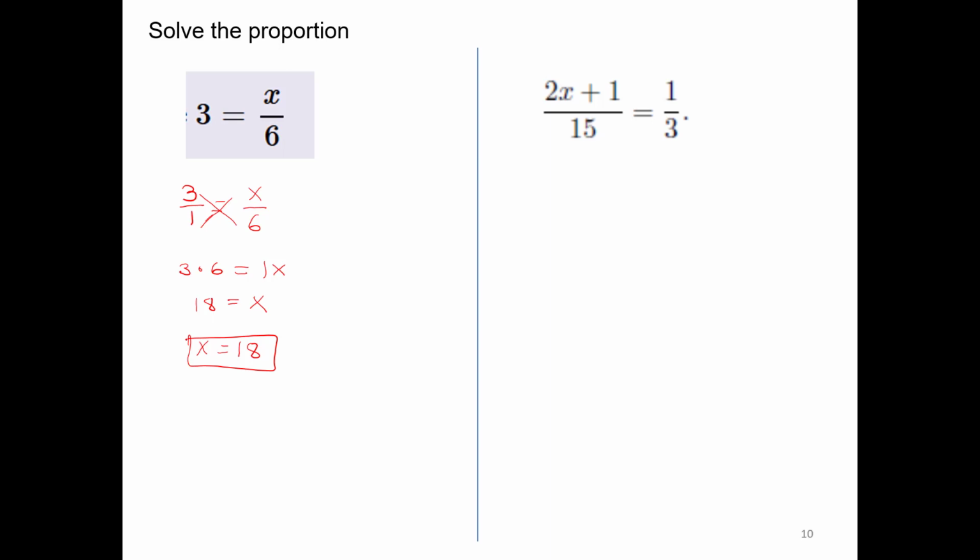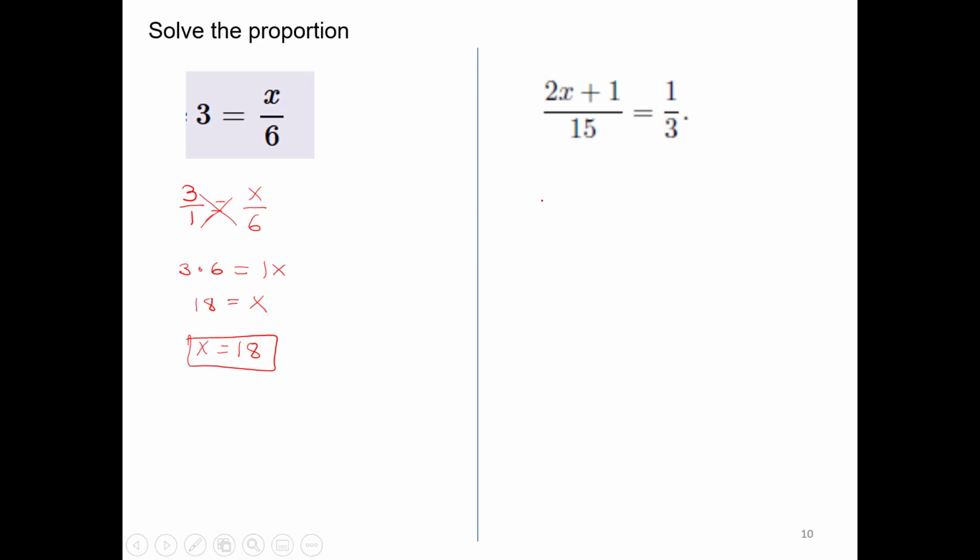In the other example, one of the terms of the proportion is an expression. And we need to be careful when we multiply this expression. When we multiply 2x plus 1 times 3, everything on top, 2x plus 1, is multiplied by 3.